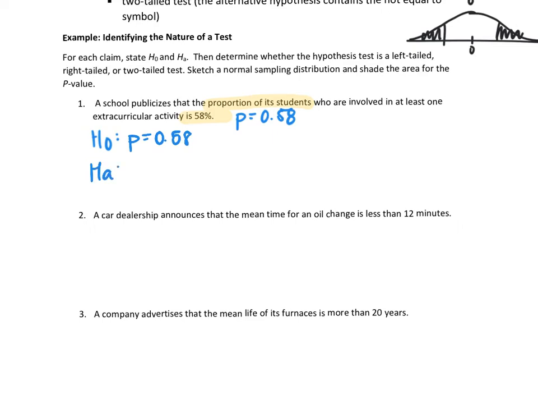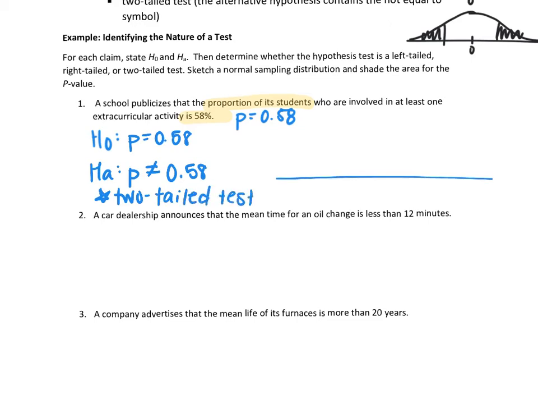Okay, the alternative hypothesis would be not equal to. So since we have not equal to, it means we have a two-tailed test. And we would just sketch out our normal curve, shade in our two tails. And that would be our two-tailed test.